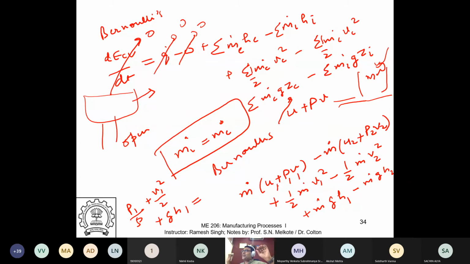After that, there is very little flow, just an infinitesimal change in height. So this open system law is not valid there. Did I answer your question? Or do you have any other questions? This is how Bernoulli's equation comes from the first law of thermodynamics for an open system.